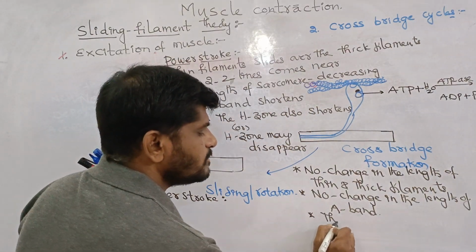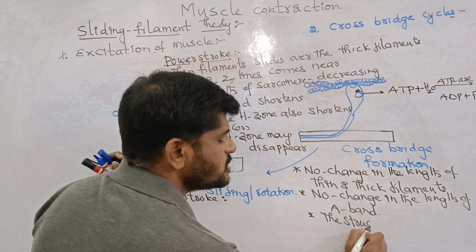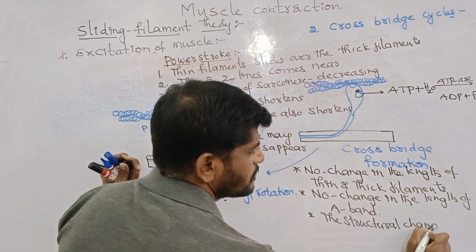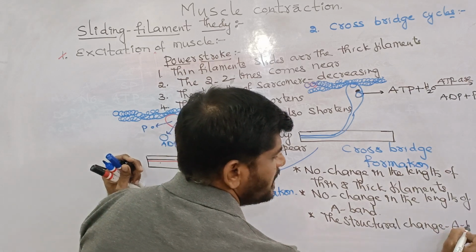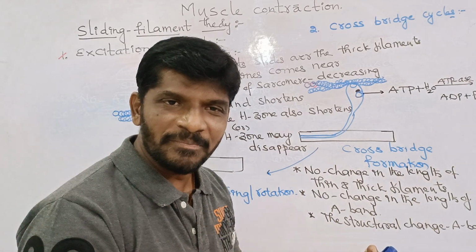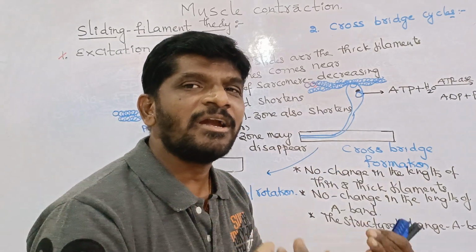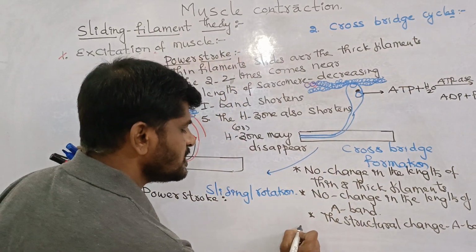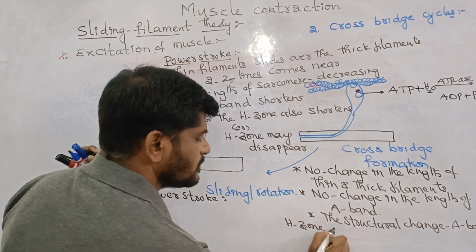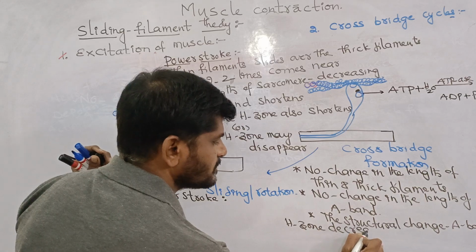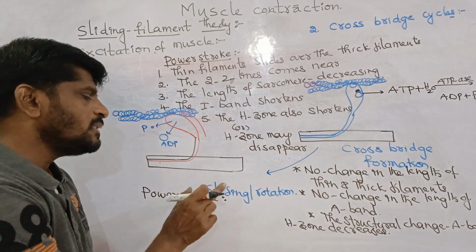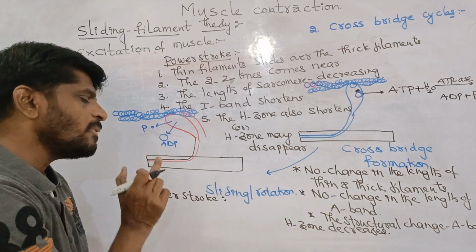The structural change in the A band is that the H zone is decreasing or disappearing. This is the structural change. The H zone decreases or disappears. It is all about the sliding or rotation or power stroke.